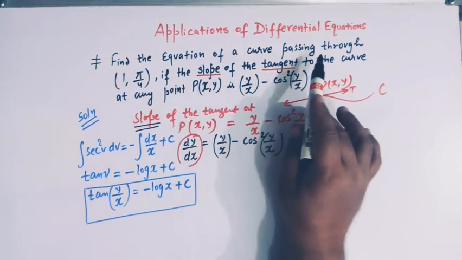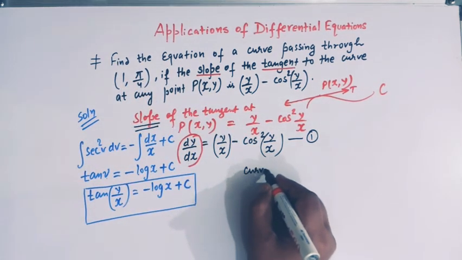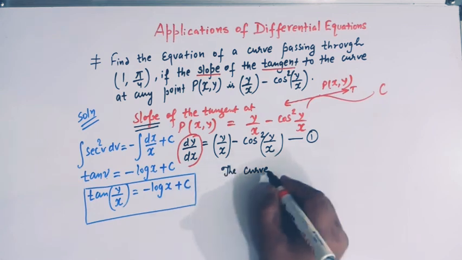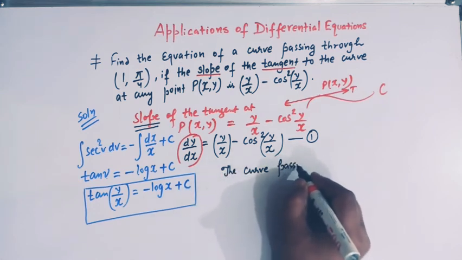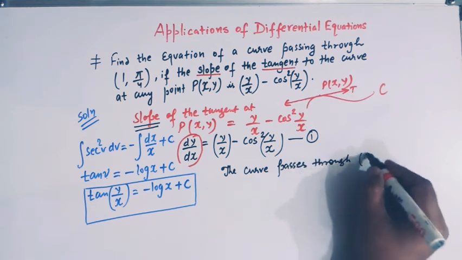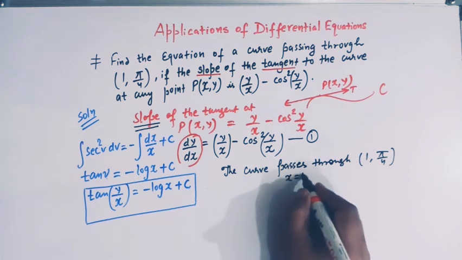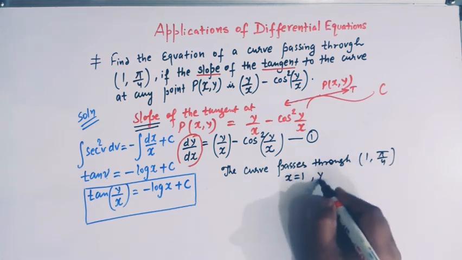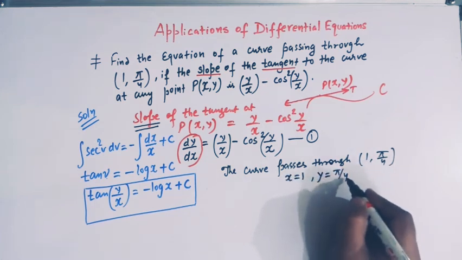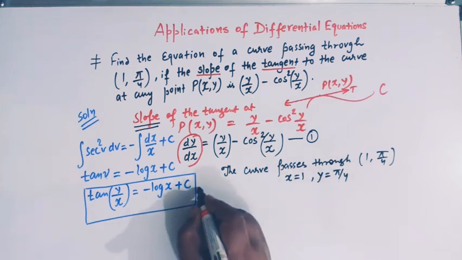So now the curve passes through (1, π/4). It means we can write x = 1 and y = π/4, and we'll substitute these values in this equation.